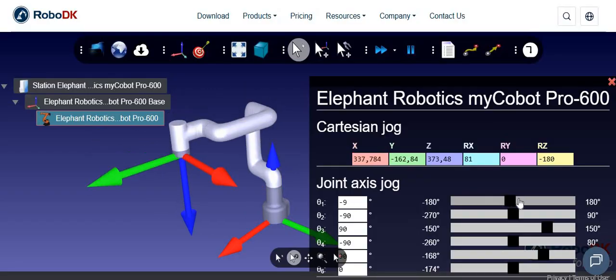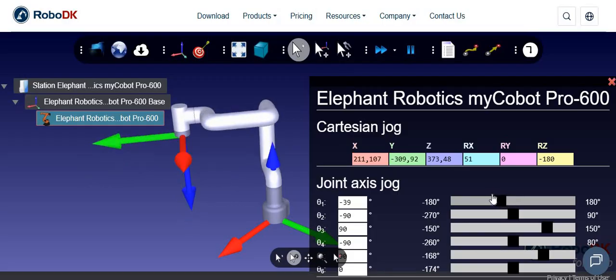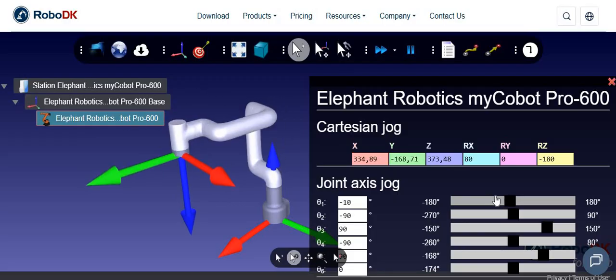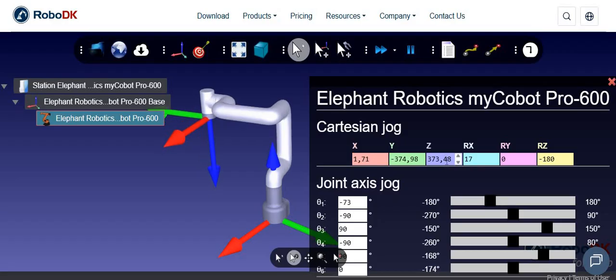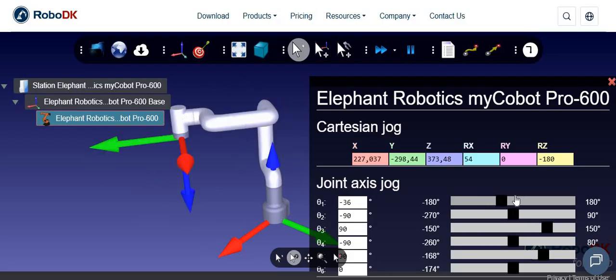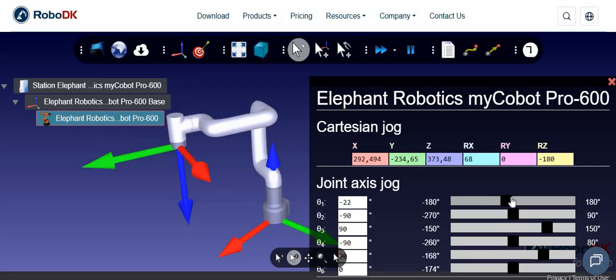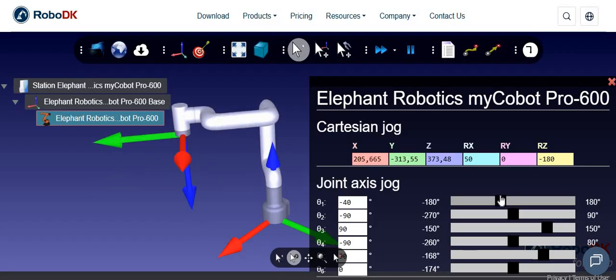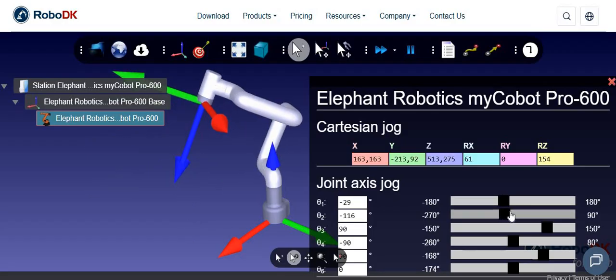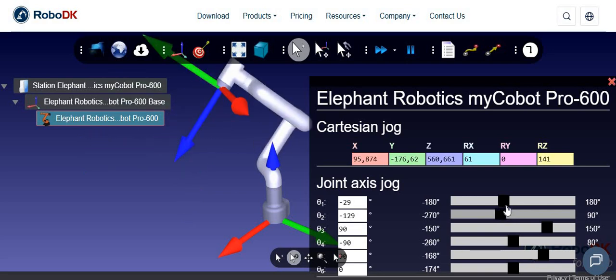We are doing a rotation, and this rotation is above the z-axis, and as you can see, the z-axis doesn't change right here. The z-axis doesn't change because we are doing a rotation above it. But yeah, now we are doing a rotation.